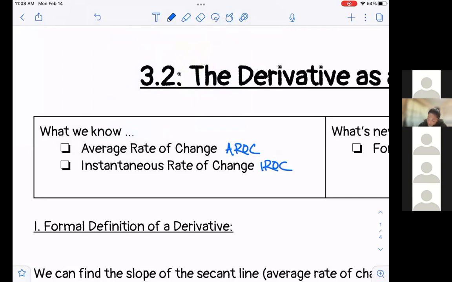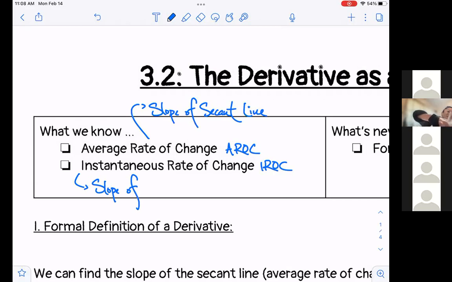If we think about the average rate of change as the slope of the secant line, the line between two separate points, and then the instantaneous rate of change, we would call the slope of that other line, not the secant line, but the tangent line, right?